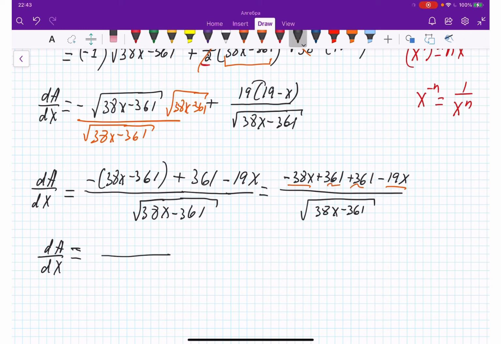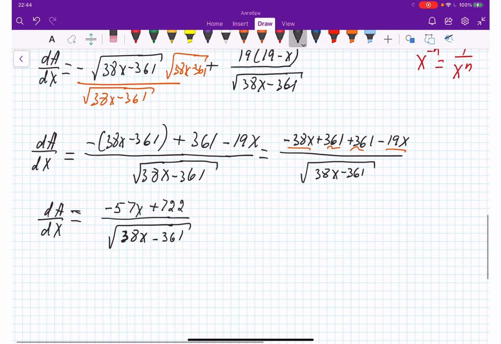The first one is going to be negative 57x, and 361 and 361 is going to be plus 722, over the square root of 38x minus 361.